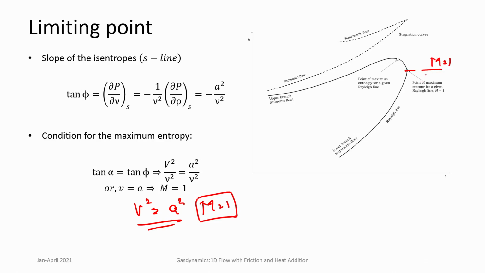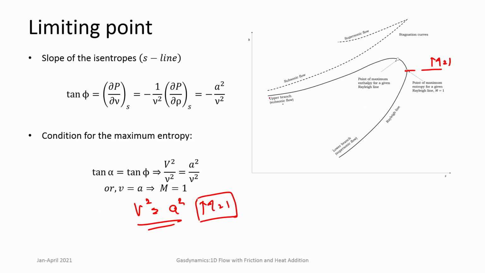And that also represents a switchover point between subsonic flow and supersonic flow. So, in all the different cases, variable area ducts or Fanno flow or Rayleigh flow, Mach number equal to 1 was a critical point. In all these cases it is a critical point, but they are different descriptions. So, they are not the same point.